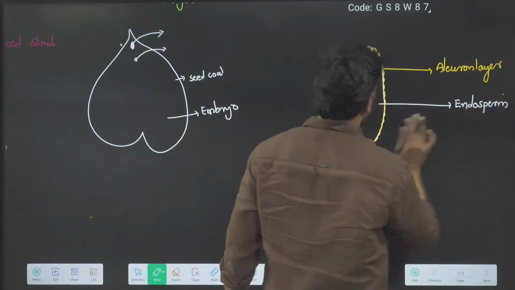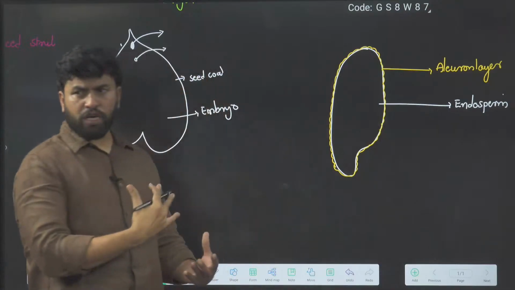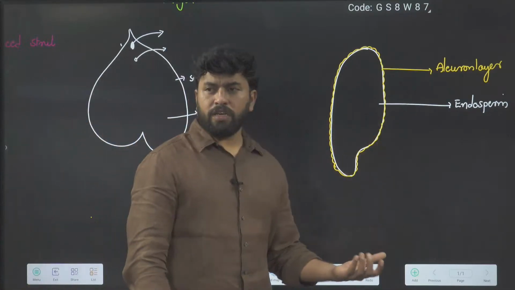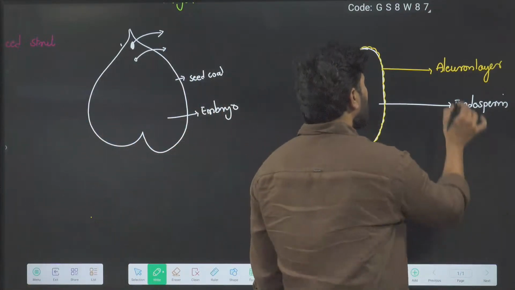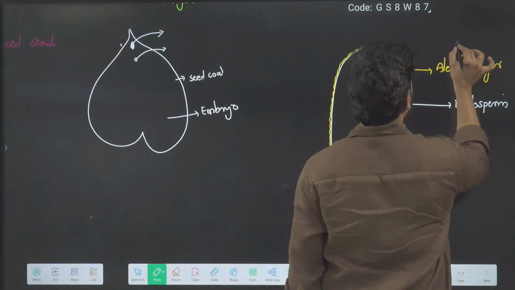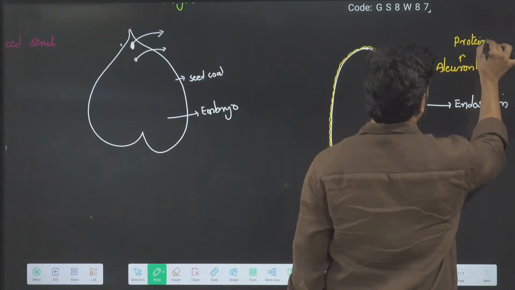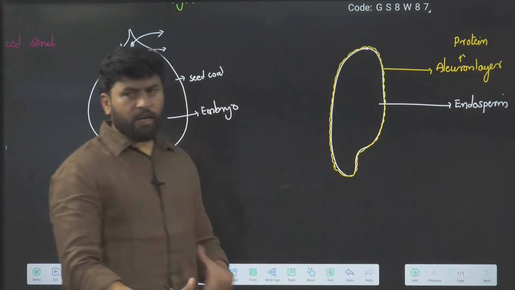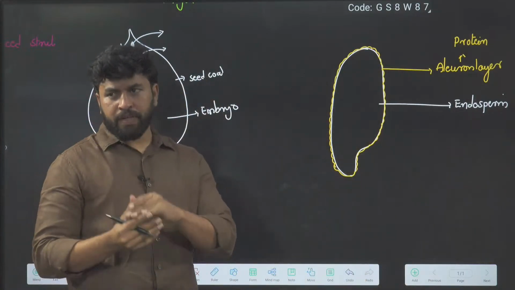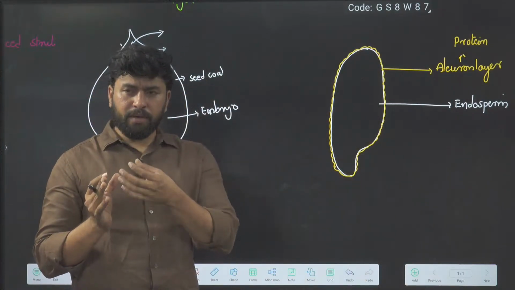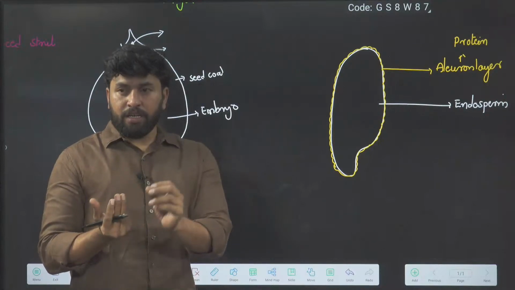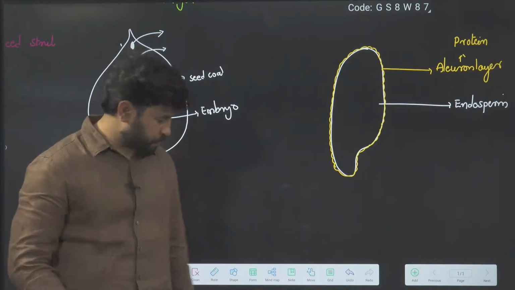You said inside the endosperm is the starchy part. What about this aleurone? Aleurone majorly contains protein. It is a protein rich layer. Next question: why is the aleurone layer present? The aleurone layer is the part which separates endosperm from embryo.